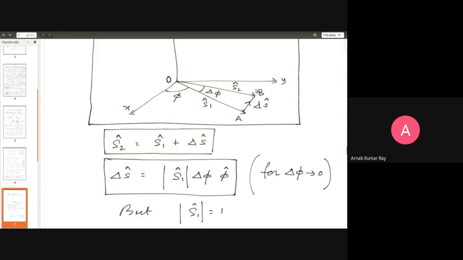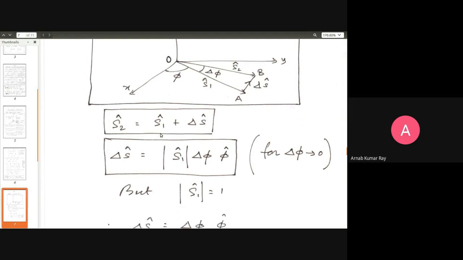As you make delta phi go to 0, the curved arc length AB will coincide with the straight path AB. I'll discuss this in slightly greater detail in the supplementary set soon enough. But first, let us just follow this point. The curved arc length will follow this track AB. So delta S cap is this length.